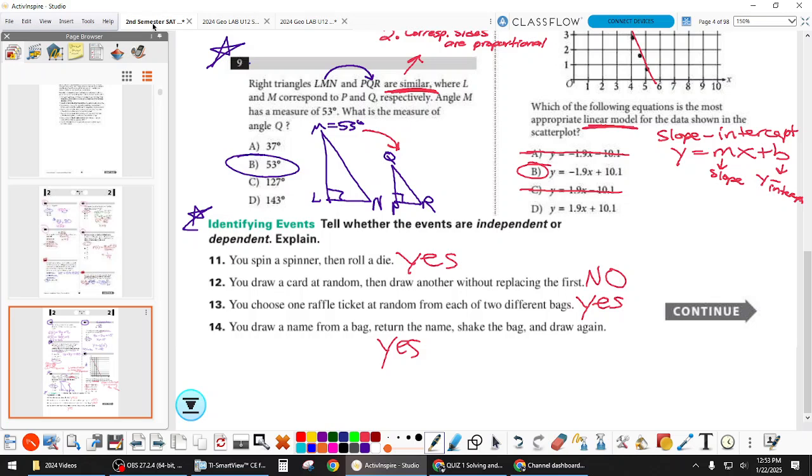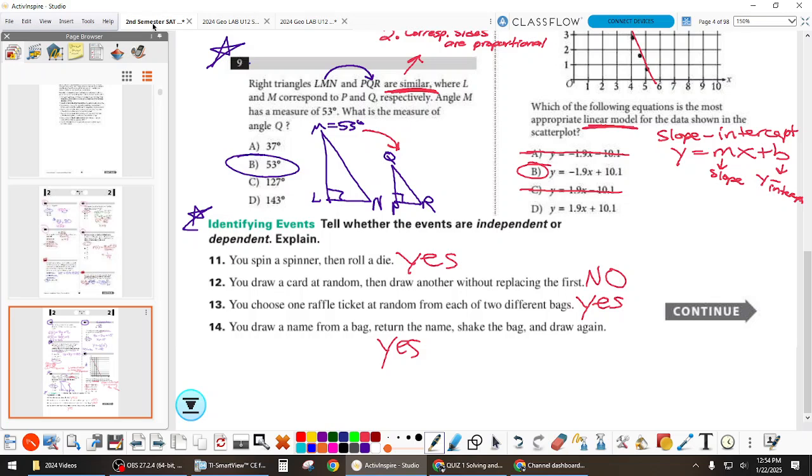So back to this, spinning a spinner over here, rolling a die. Does me spinning a spinner affect the outcome of the die? Not at all. I'm going to skip down here. Again, drawing something from two stacks. Does this one change that one? No. Draw a name from a bag.